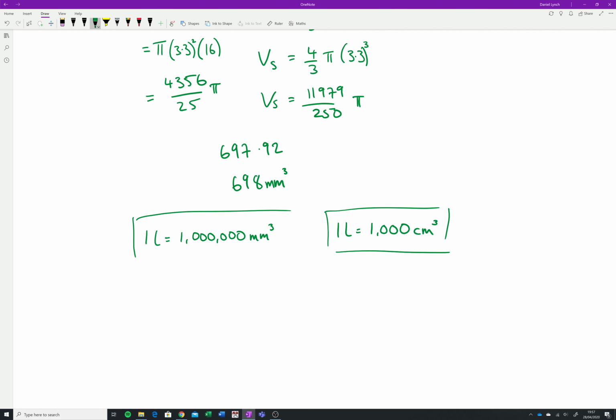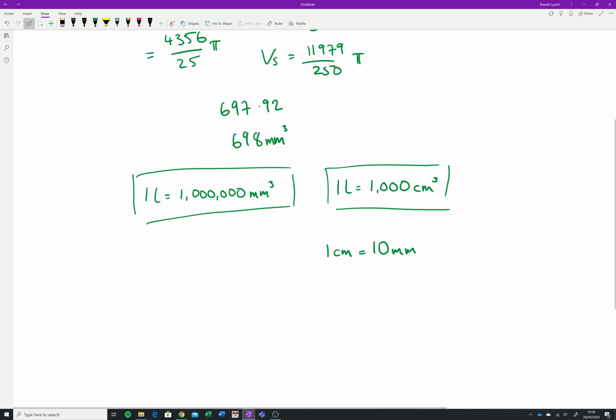In fact, this is a good learning moment. To go from millimeters to centimeters, you're probably thinking, well, hold on, 1 centimeter is 10 millimeters. So if I go from 1 centimeter cubed, is this now just 10 millimeters cubed? Is that the case? And it's not. It's tricky.